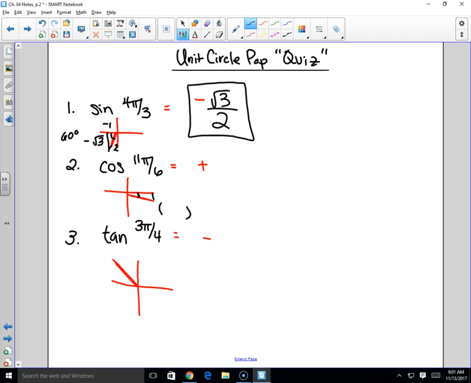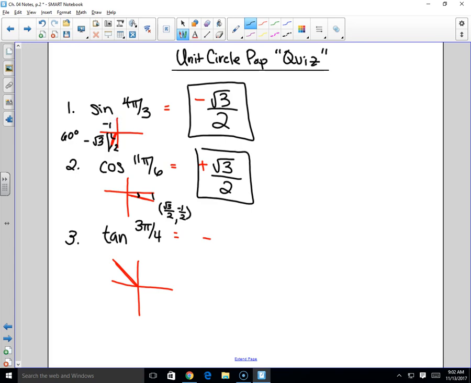Over a lot, which of those is the biggest of the values? 1/2 or root 2 over 2 or root 3 over 2? So over a lot, the x is going to be root 3 over 2. Down a little, which is negative, is going to be negative 1/2. Cosine is which one, the x or the y? X. Cosine is adjacent, it's always going to be the x. Cosine is the x of the coordinate pair.